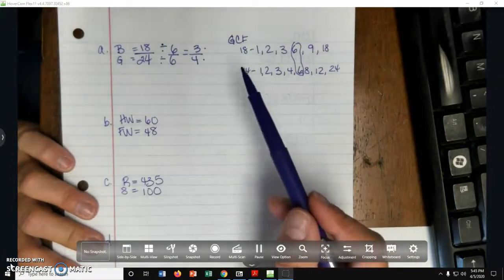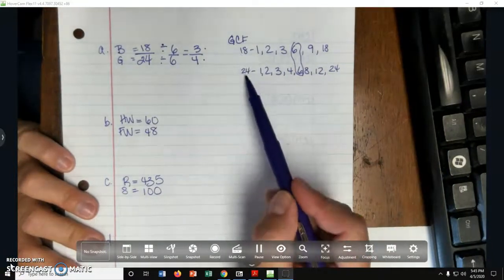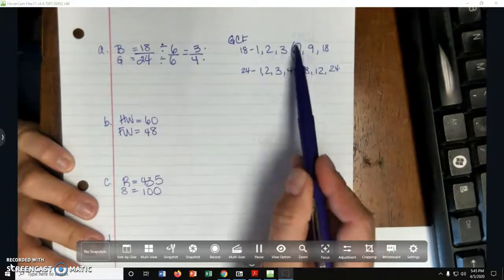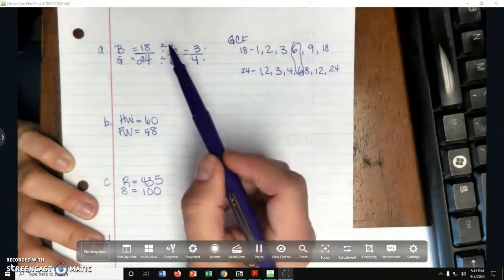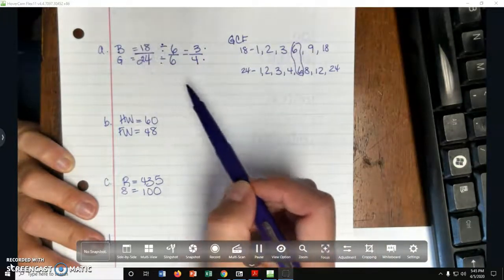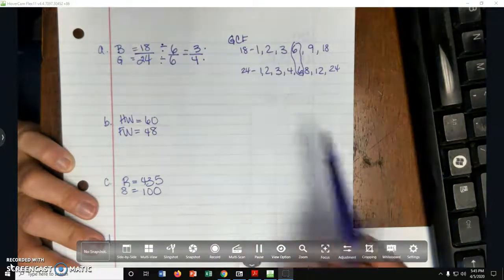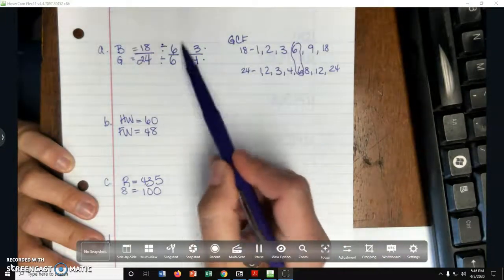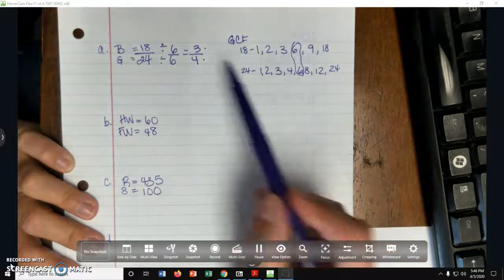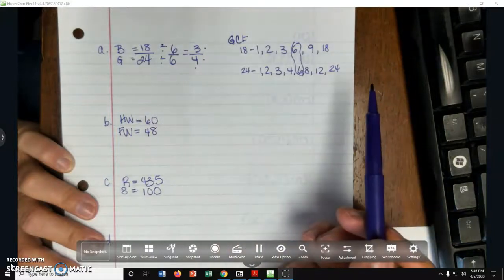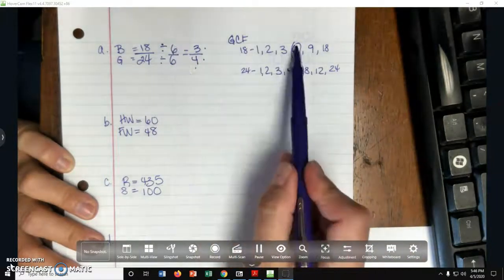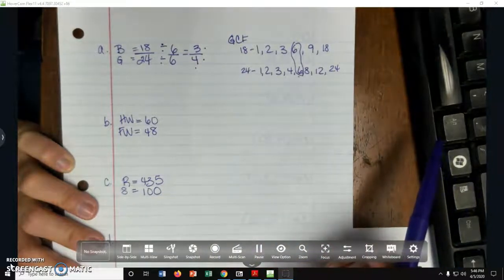If I list out my factors of 18 and my factors of 24, I would find that the greatest common factor is 6. That's the key, and a lot of you will start seeing the connection here. When we're dividing to get it to its lowest terms, we're dividing by the greatest common factor.